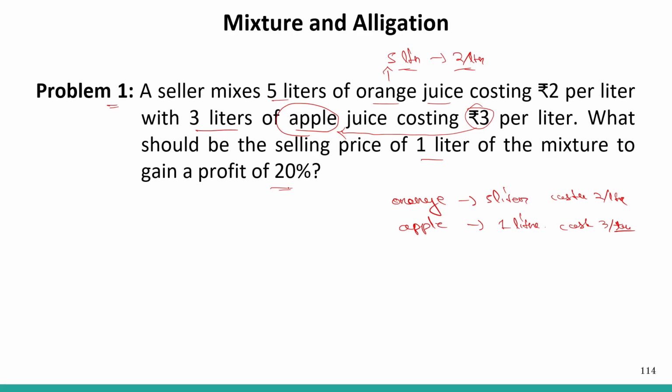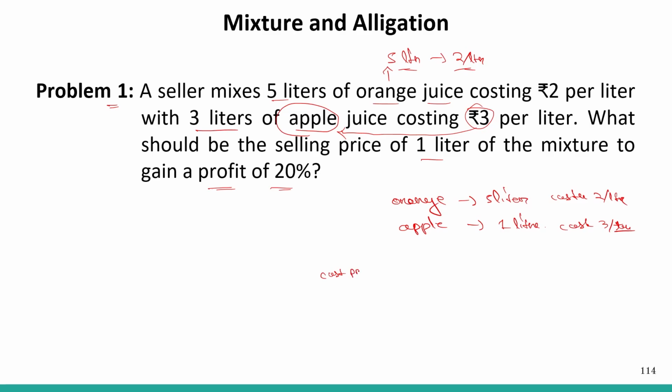Let's break down the question first. We want to sell it, but before getting a profit, we need to see what the cost price is. So let's calculate the cost price.